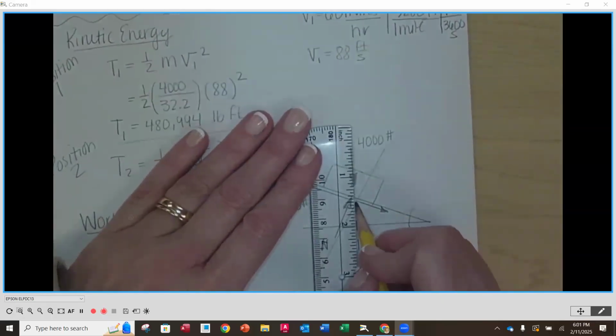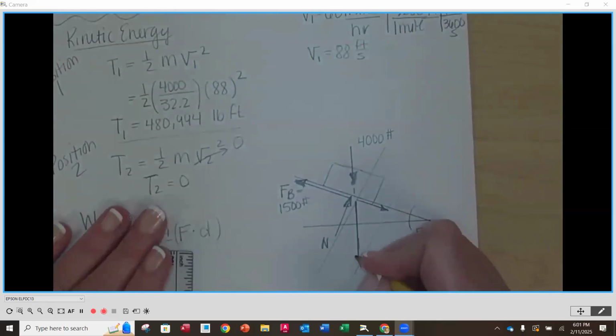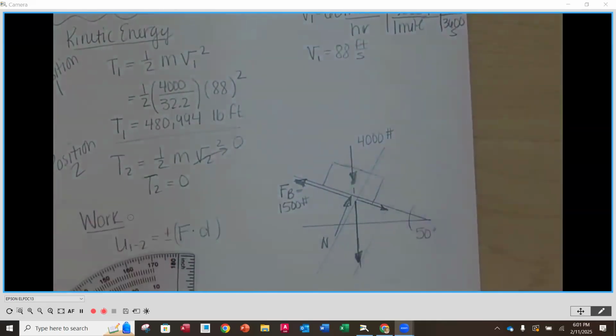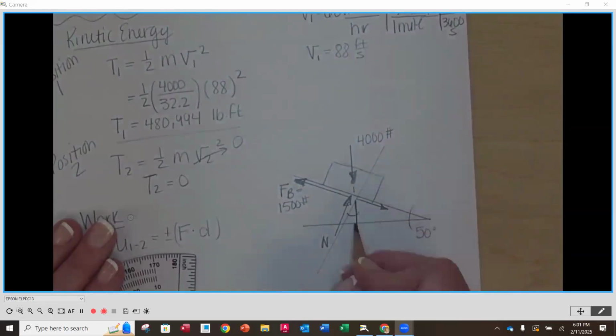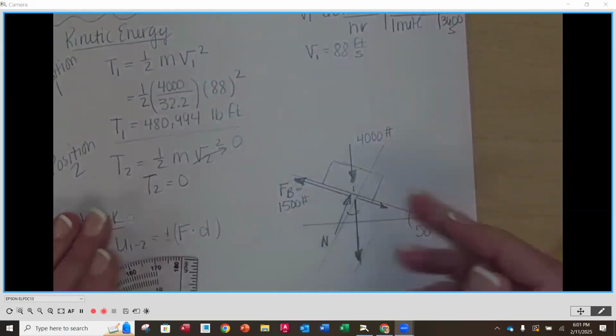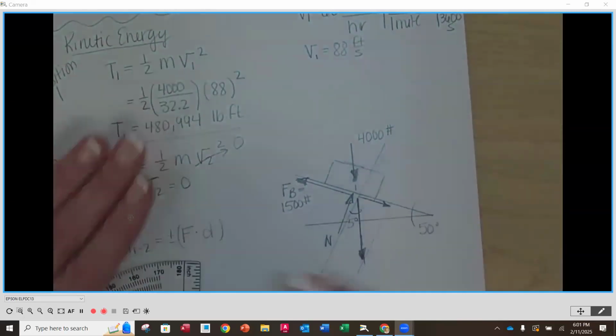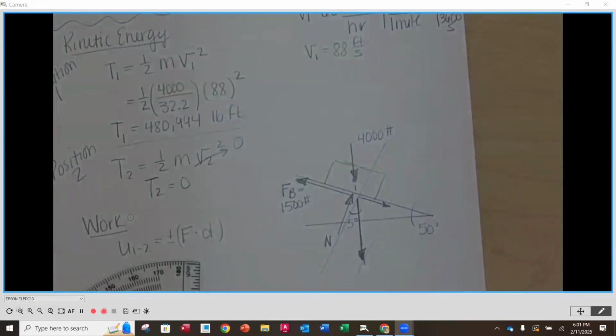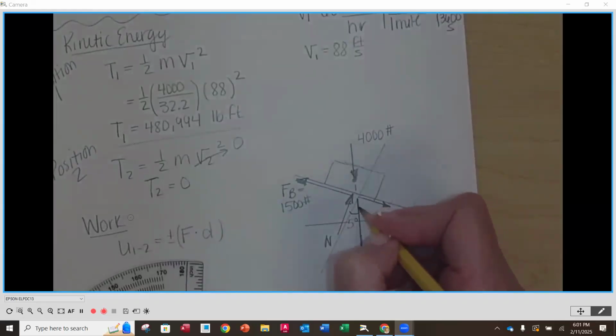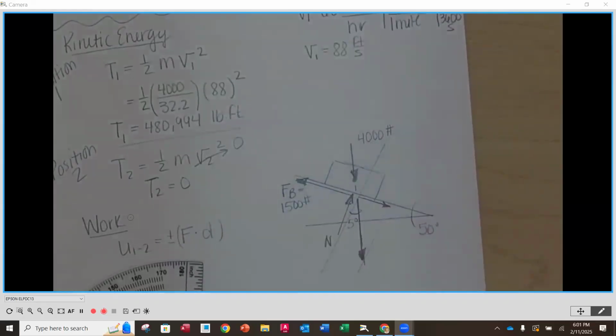Here is our 4,000 pounds coming down. I'm just pushing it along its line of action. I know that this angle right here is 5 degrees. Okay. That means that this would be 85.